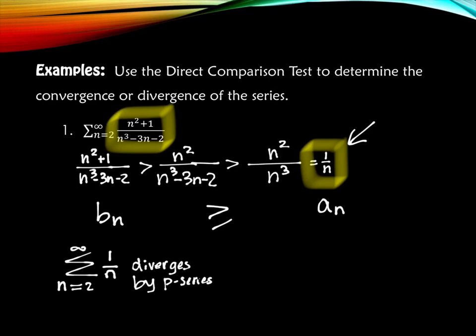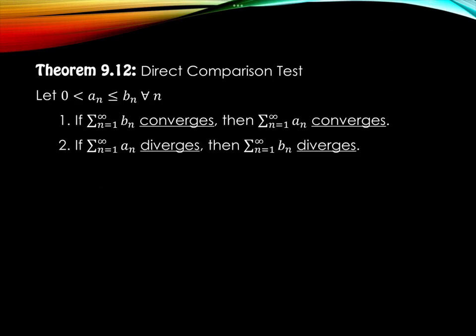So what I just found out is that the smaller one diverges. Okay? The smaller one diverges. I'm in case 2. My a sub n, which is minus 1 over n, diverges. So it's going to mean that the one that's slightly bigger also diverges, which should make sense, right? If I've got something smaller going to infinity, then clearly what I'm working with also will go to infinity.